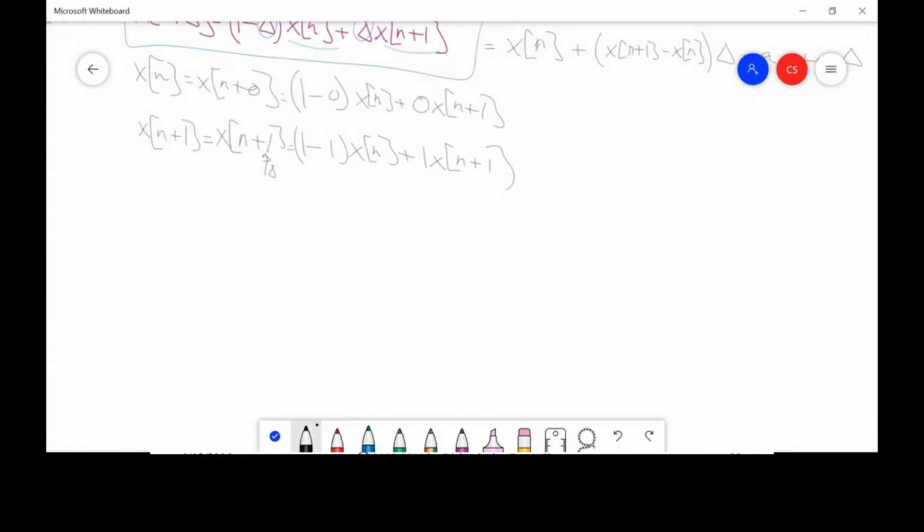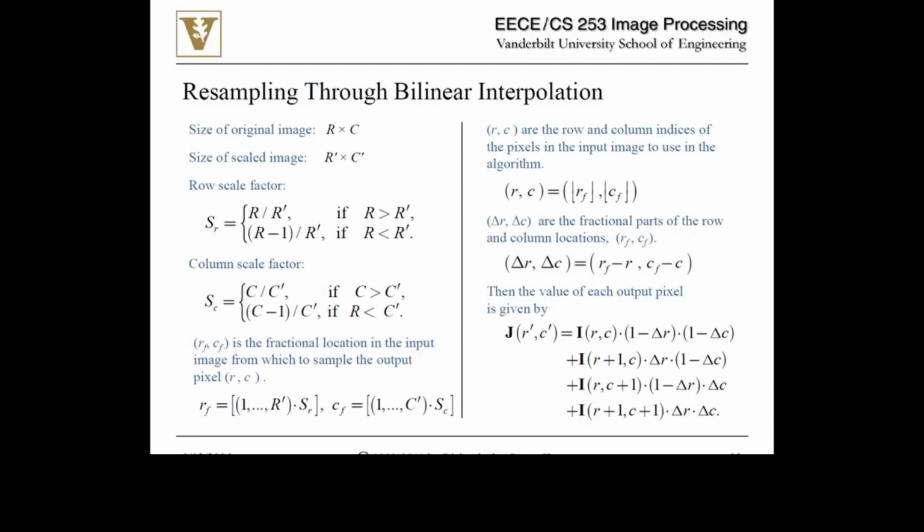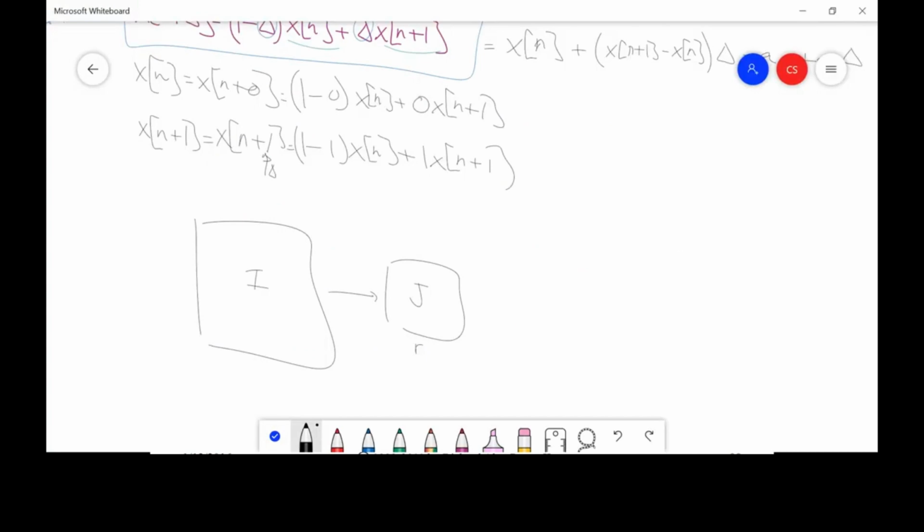We have an image I, and we want a smaller image J, with coordinates R prime, C prime here, and R and C here. And there is a scaling factor, S of R, that is the number of rows here divided by R prime, and this one divided by C prime.